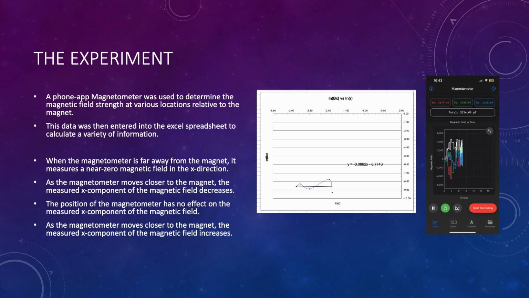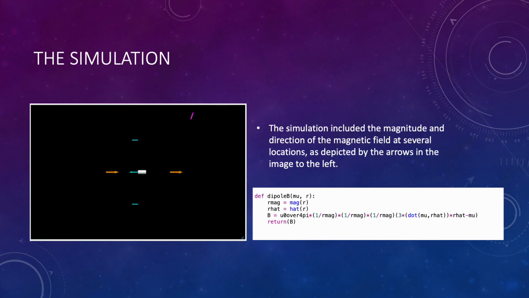This follows from the magnetic field and magnetic force equation. As it moved closer, the magnitude increased, so that's false. And then the position of the magnetometer has no effect is definitely wrong. And as it moved closer, it increases, which is again the opposite of that original statement that we said was false. Moving on, we can talk about the simulation.